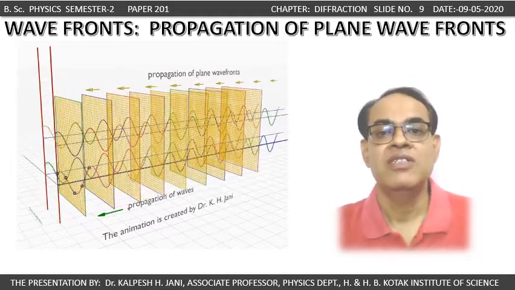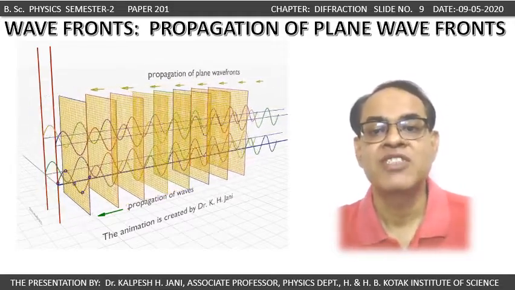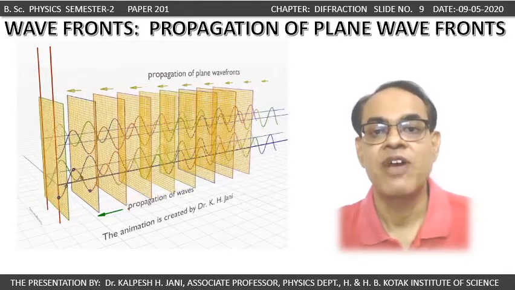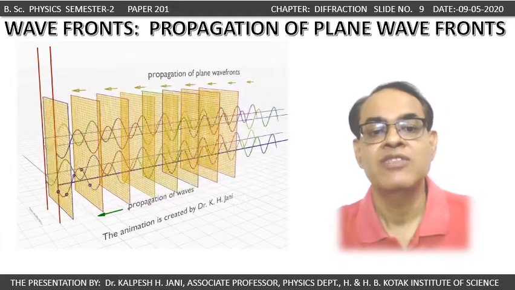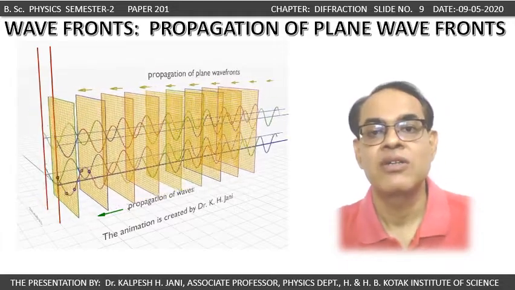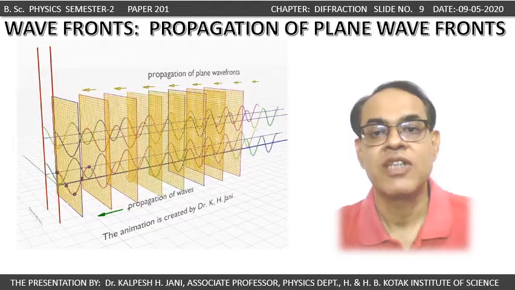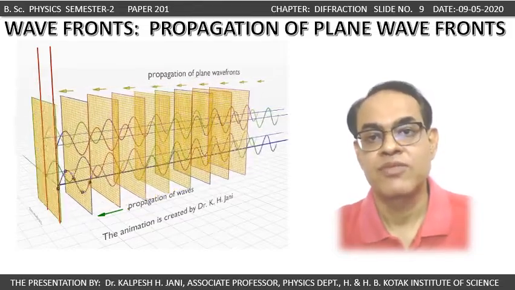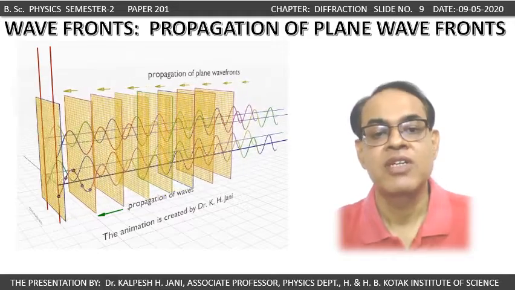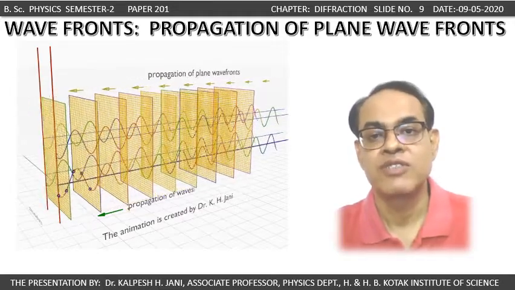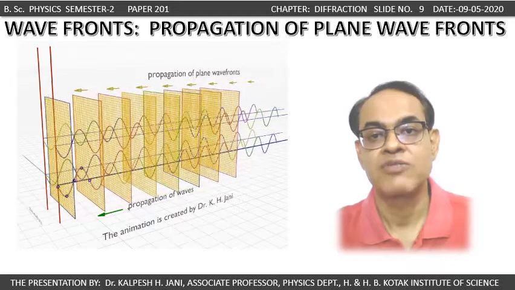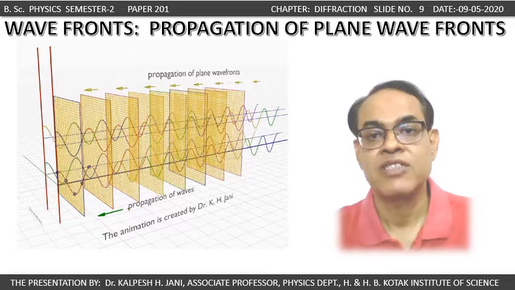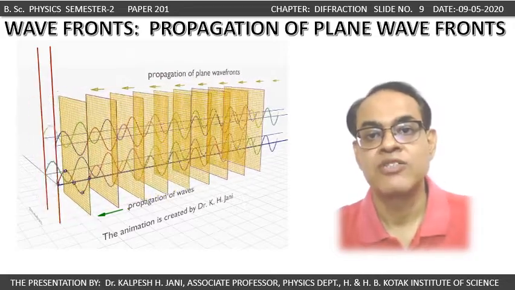Now one thing is that we are disregarding waves by themselves and regarding the wavefronts. As we told in the first slide, the general overview of waves, one constituent which is set into oscillatory motion will give rise to the oscillatory motion of the next constituent, and so on and so forth.